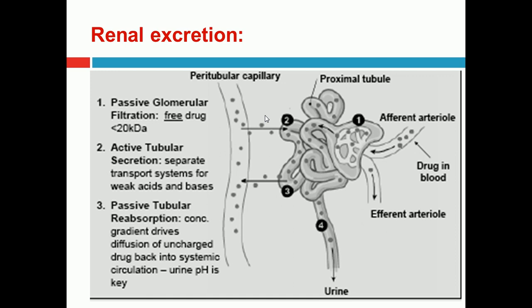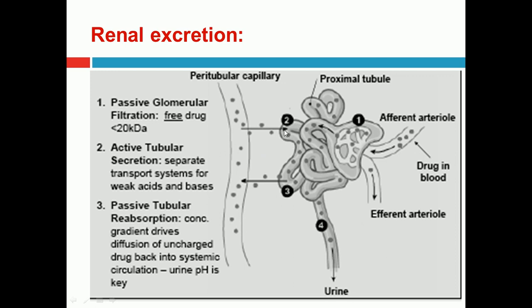If opposing the pH of the medium, for example an acidic drug in basic medium, what will happen? The drug will become ionized and its absorption will be hindered. So what is ion trapping?